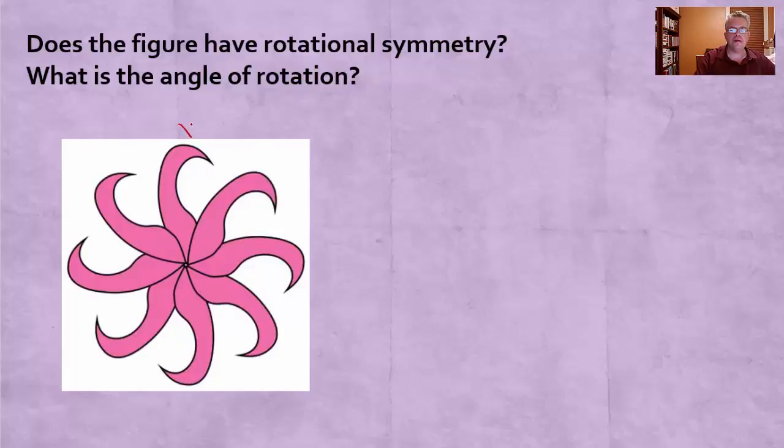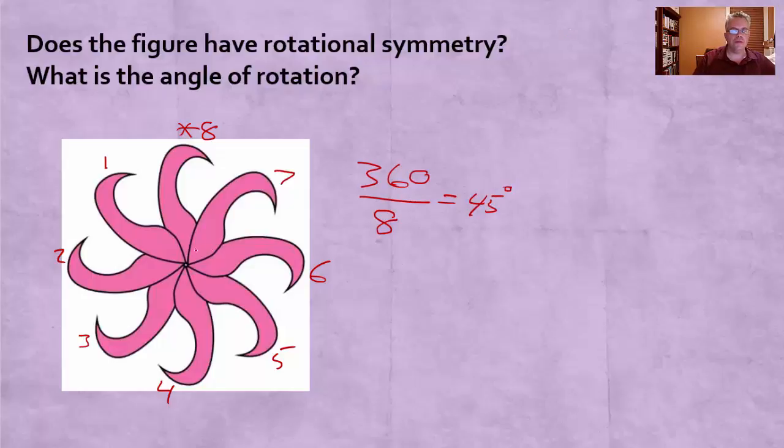So if we start here, we turn it once to get there, twice to get there, 3 times to get there, 4, 5, 6, 7, and if we turn it 8 times, we're back where we started. So the way we figure out the angle of rotation is take 360, and we did it in 8 turns. So 360 divided by 8, and that's 45 degrees.